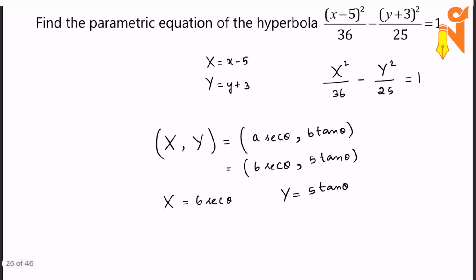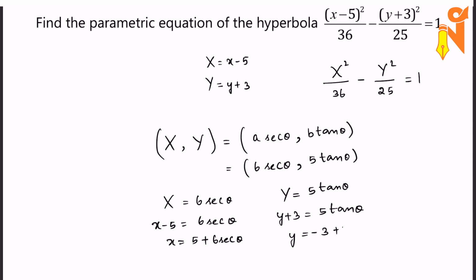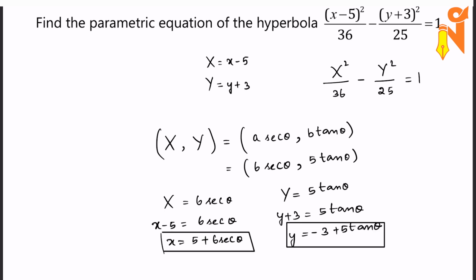Just substitute the values which we assumed earlier. x minus 5 is equal to 6 secant theta, so x is equal to 5 plus 6 secant theta. Similarly, y plus 3 is 5 tan theta, and y is minus 3 plus 5 tan theta. Hope it is clear to you.